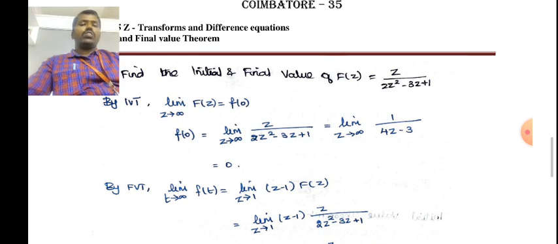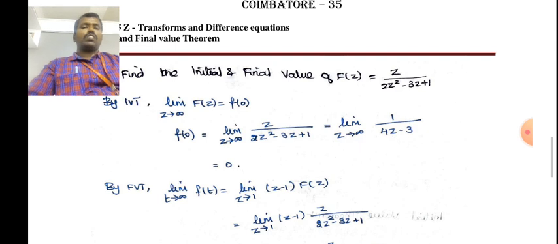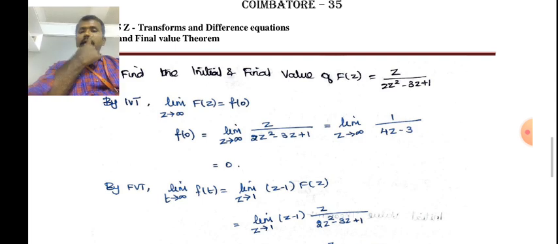By the initial value theorem, limit z tends to infinity of F(z) equals f(0). f(0) equals limit z tends to infinity of z by 2z squared minus 3z plus 1, which equals limit z tends to infinity of 1 by 4z minus 3. Therefore, the value is 0.